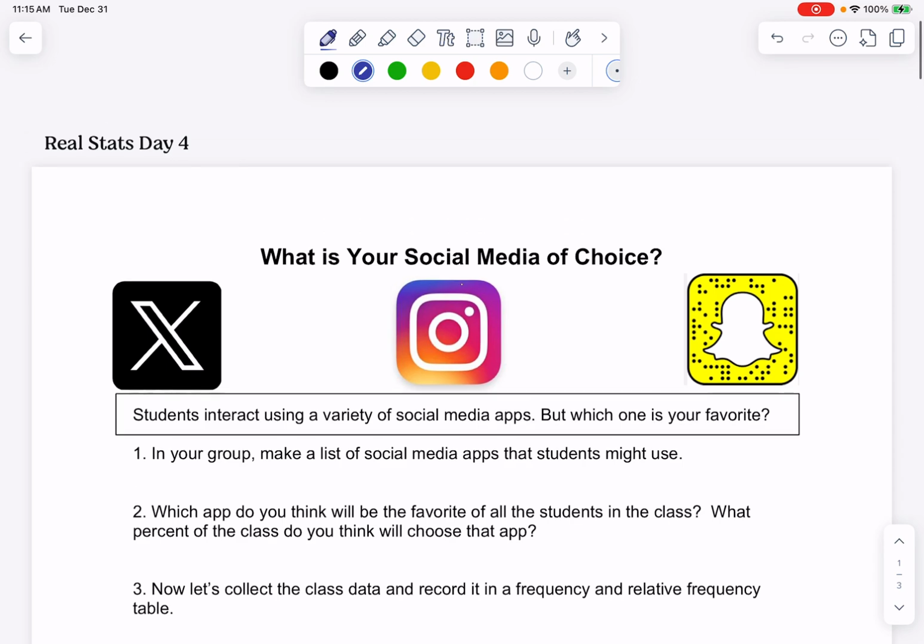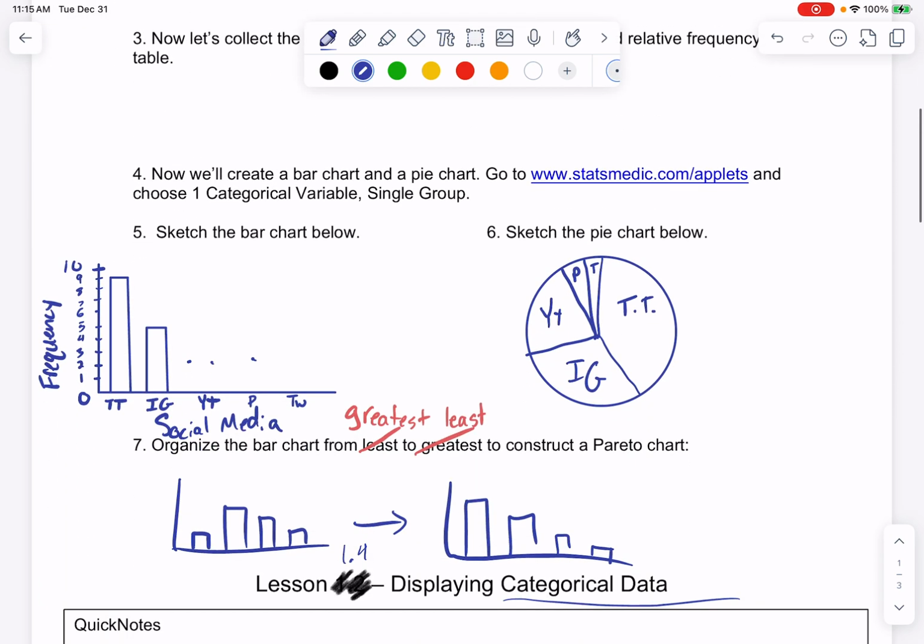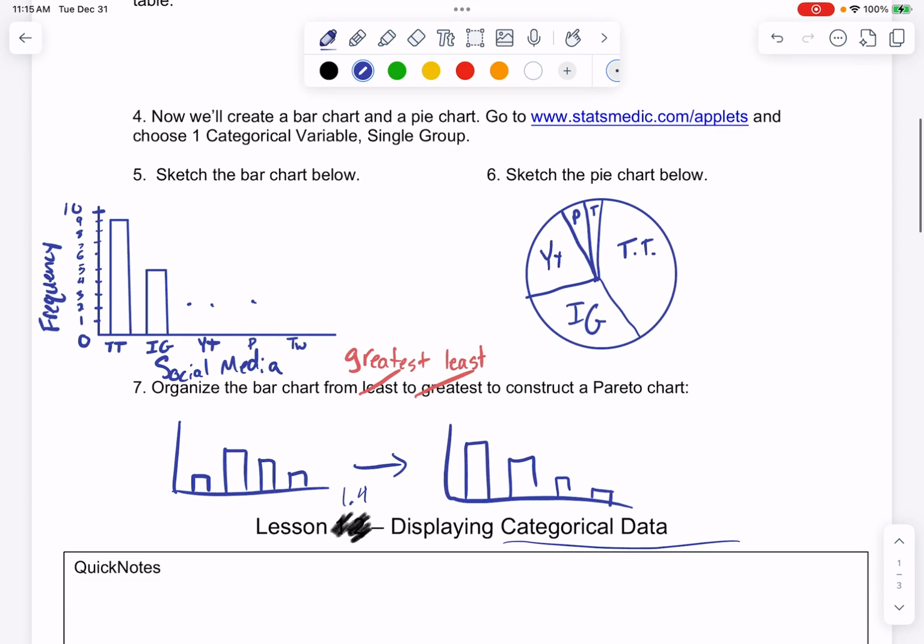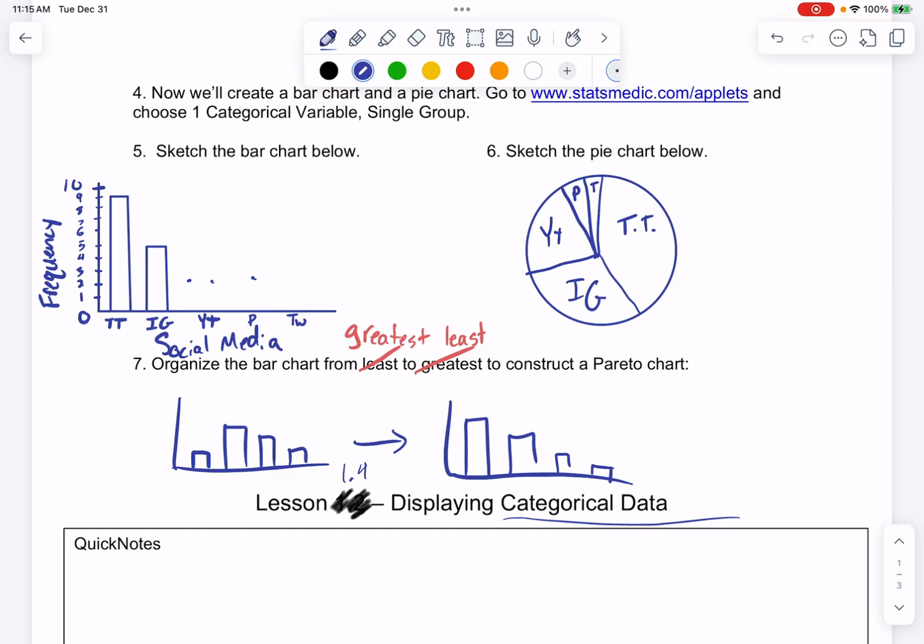So today, we may have done some social media stuff or talked about something similar where we're collecting this categorical data. And we saw that we have two ways to do it. We can do a bar chart, and that's where we just have the frequency, that's the count, how many of something do we have, and those are the bars.